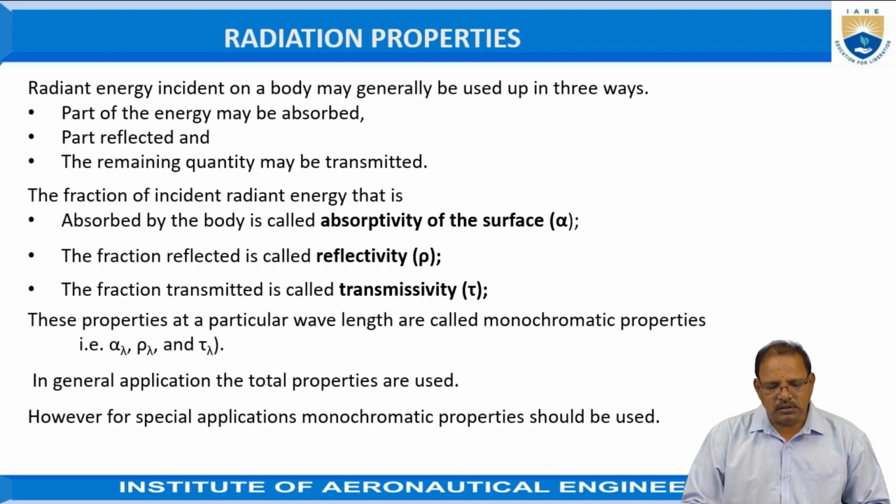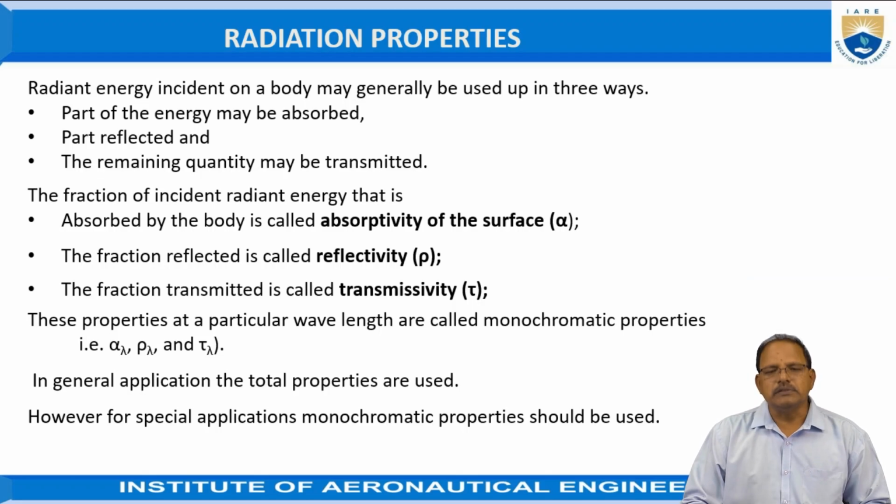That means it is the ratio of the amount of energy reflected to the amount of energy incident on the body, called reflectivity. And the third one, the transmissivity, is the ratio of the amount of energy that is transmitted to the total energy that is incident on the object.